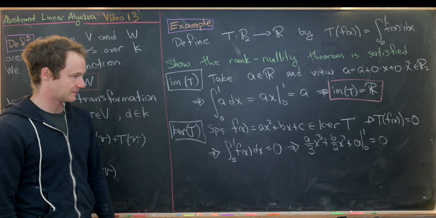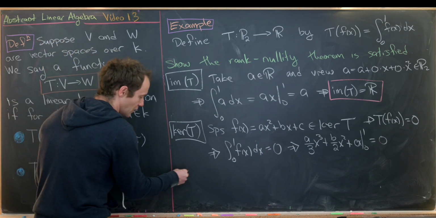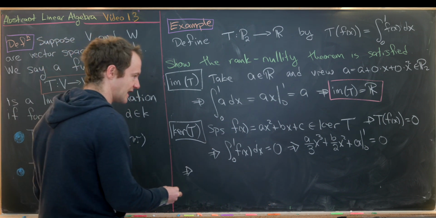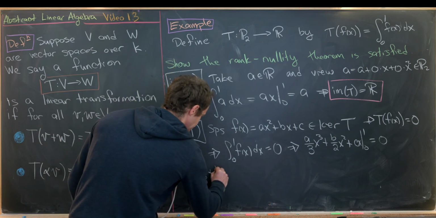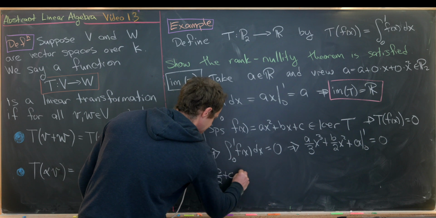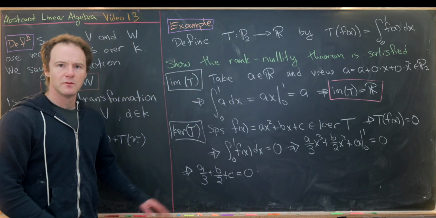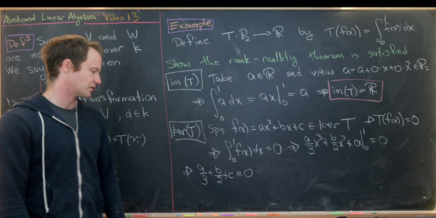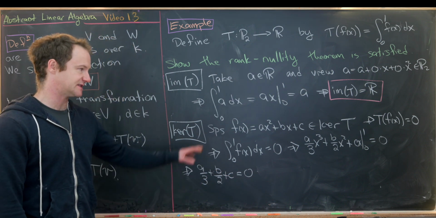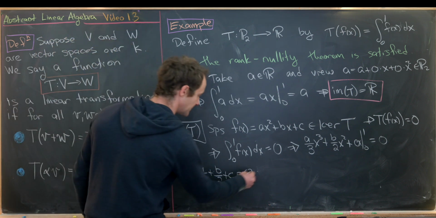Something like that. Okay, but now what we can do is evaluate that, and we'll get a over 3 plus b over 2 plus c equals 0. But then notice what we have. We've got an equation that tells us the relationship between a, b, and c if we get something in the kernel.